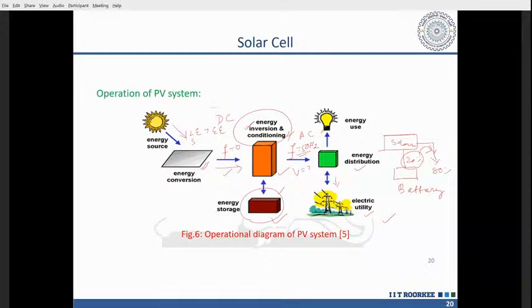Now this DC energy is going to be conditioned using an energy conditioning system, which is your inverter, which converts the DC to AC energy. That AC energy has a frequency of 50 hertz and is fed to your distribution system, the loads, and the electric utility.